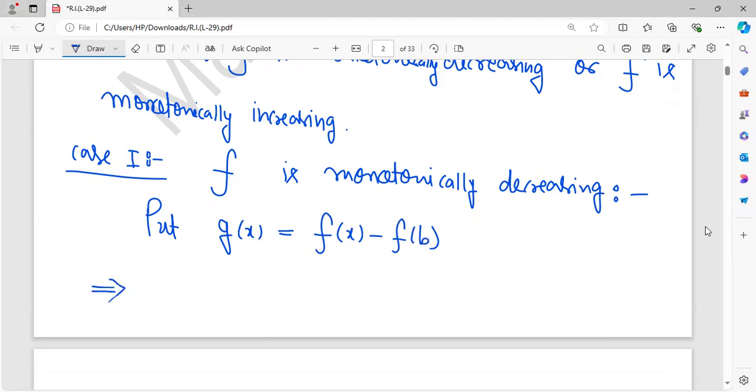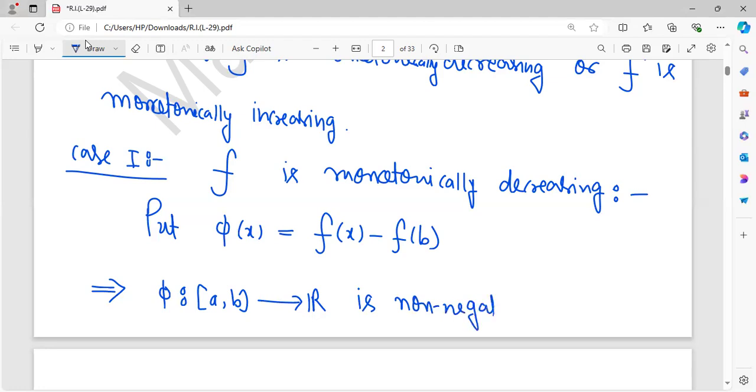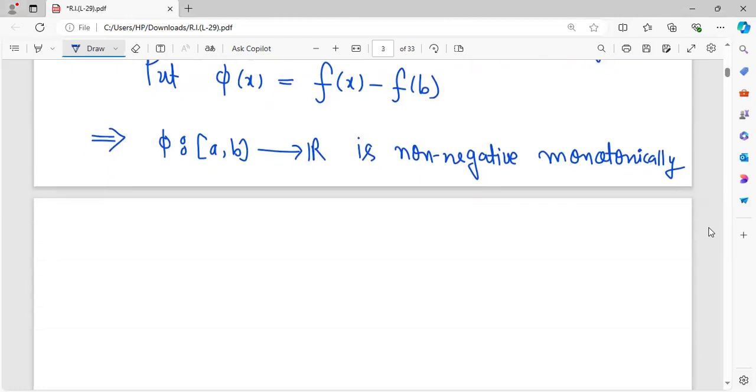Then this implies φ: [a, b] to R is non-negative, monotonically decreasing. Okay.